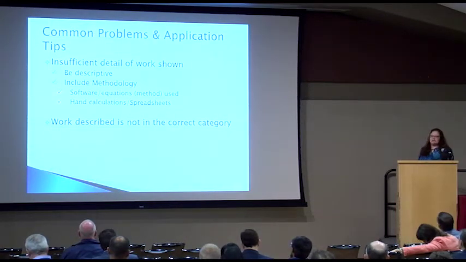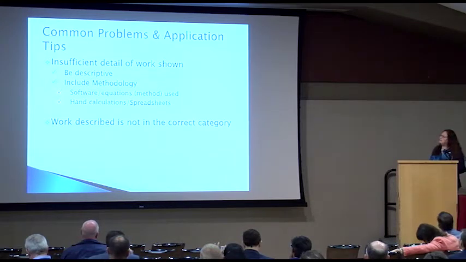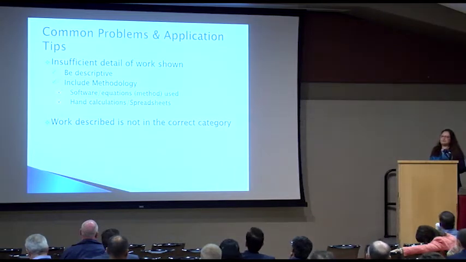And I just wanted to tell y'all about some common problems that we see. The first one, and the one that we see a lot, is just detail of work. We don't get enough description from applicants. So basically, we just want you to be descriptive of the work that you've done for each of the categories, and include your methodologies.